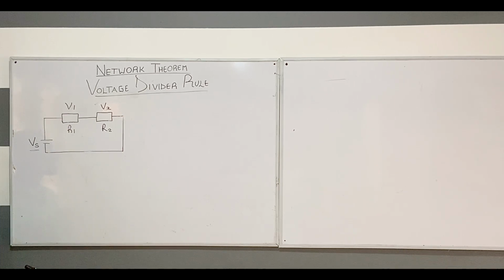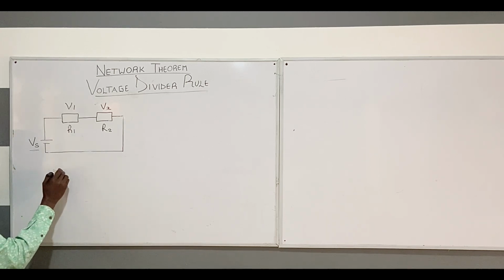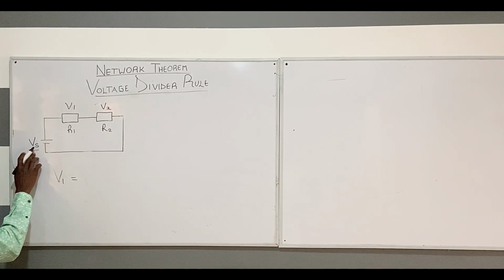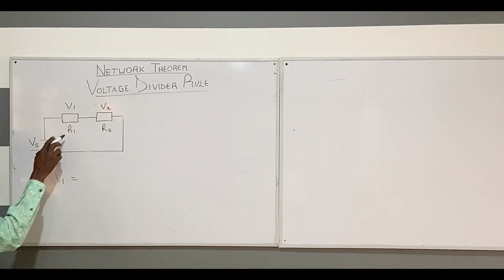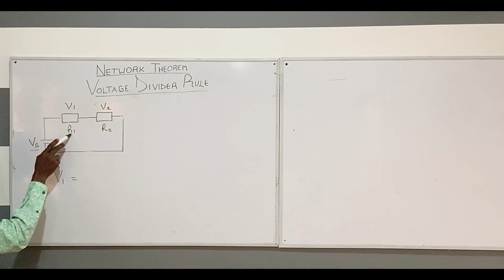From the voltage divider rule, the formula states that you write your V1, the one we are looking for. Now we go back to the source voltage or the supply voltage. The supply voltage is always directly proportional to the resistance the voltage we are looking for is passing through. Now we are looking for V1, which is passing through R1.